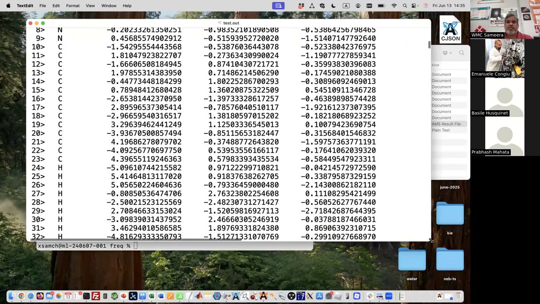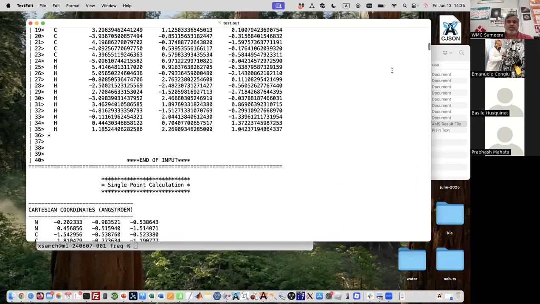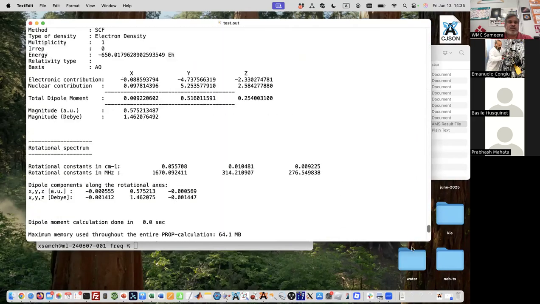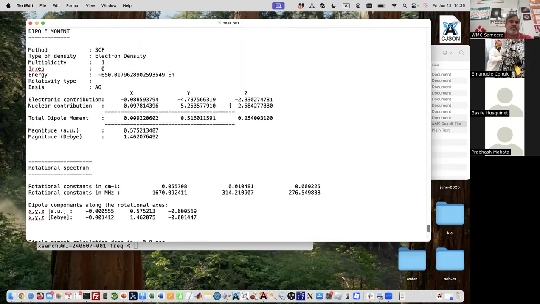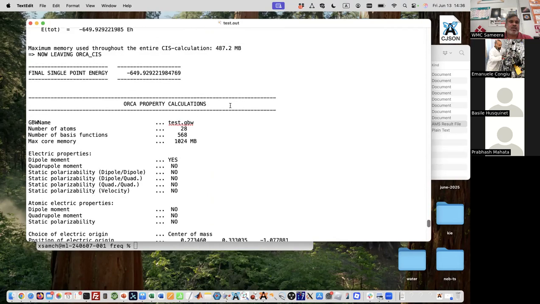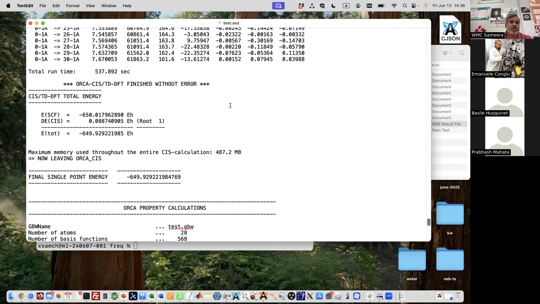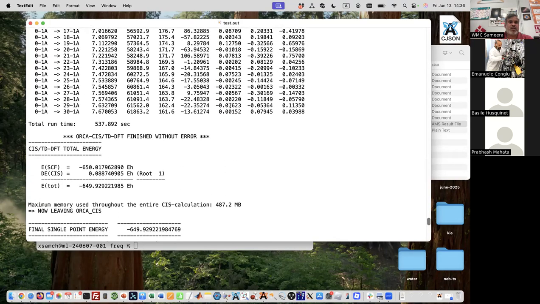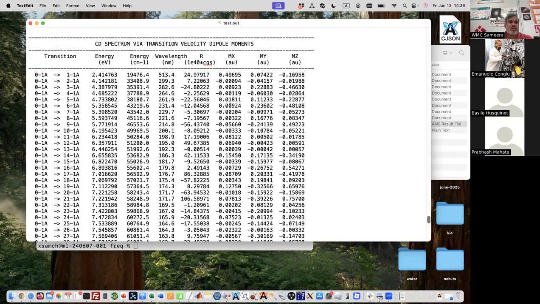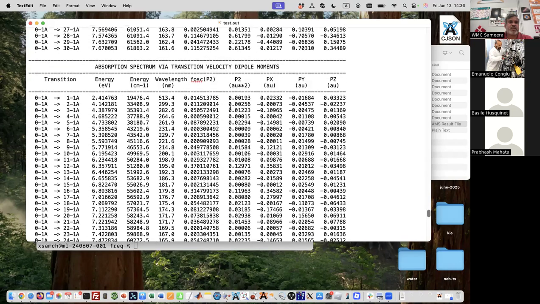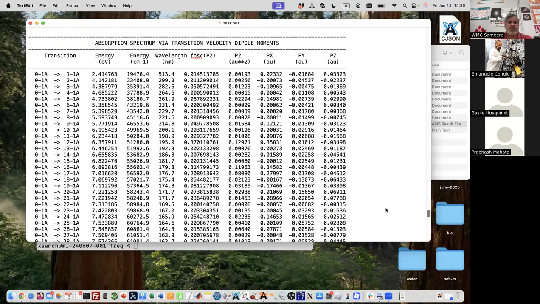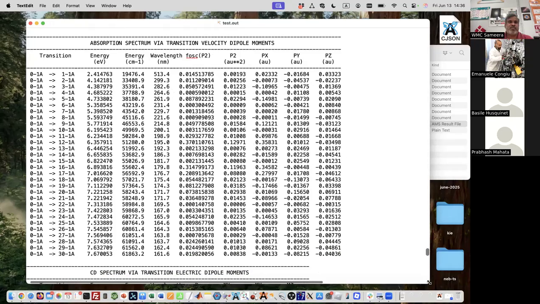And then you will find very important information here. Here is the absorption spectrum.